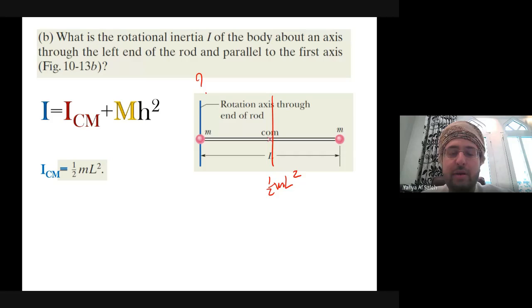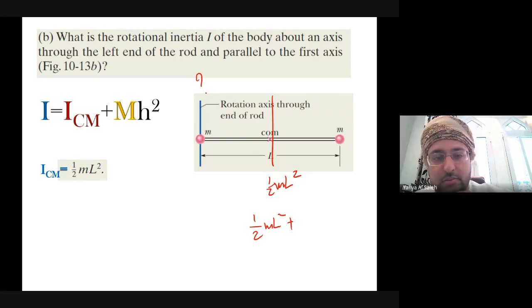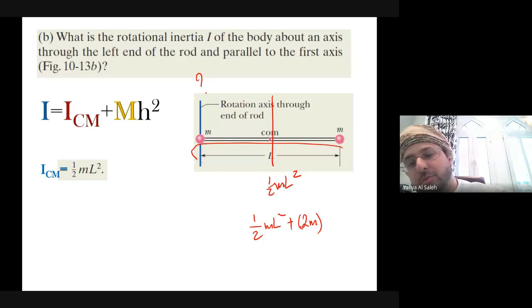So half ML squared plus the total mass, 2M, and the total distance between this and this is L over 2.